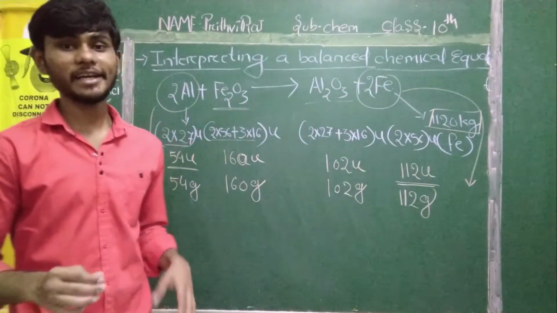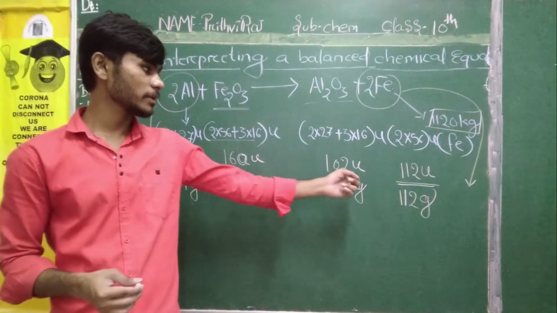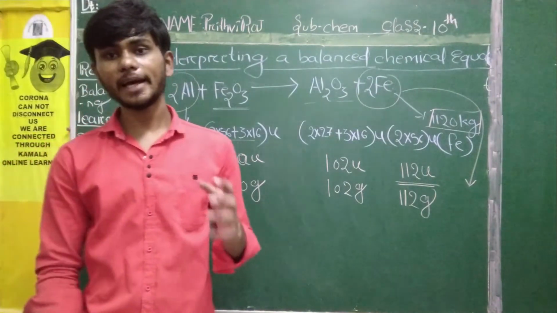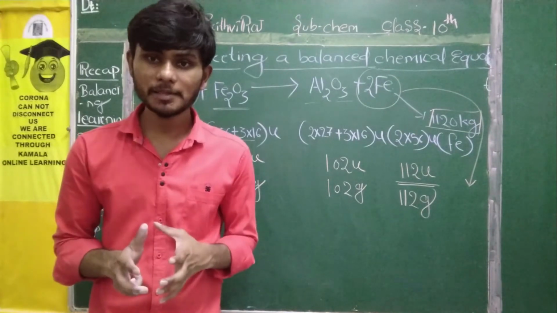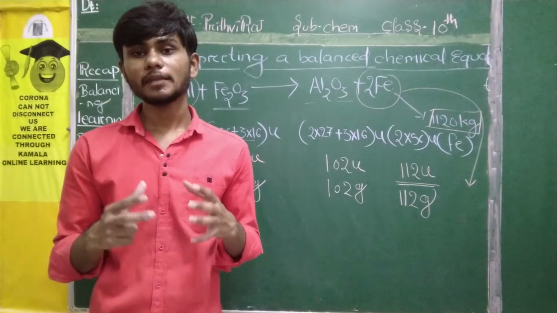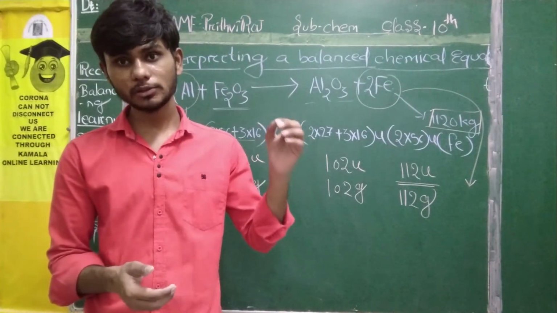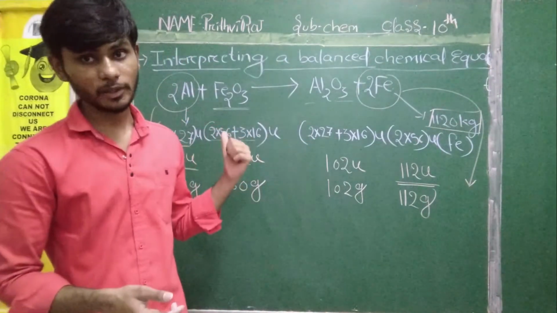Now you might have a doubt about why U is replaced with G. Students, this is an idea called gram atomic mass. Always remember, gram atomic mass or gram molecular mass gives us an idea about how many molecules or atoms are involved in this particular reaction.